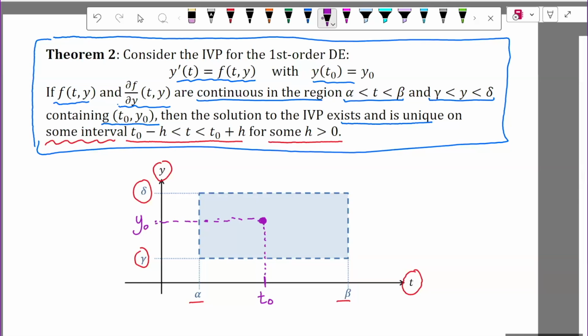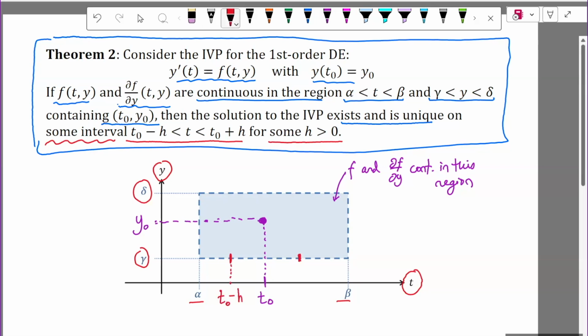What the theorem tells us is as long as f and its first partial are continuous on this entire rectangle, then we know a solution is going to exist in some sub-region. So somewhere surrounding t naught, where this is t naught minus h, t naught plus h, somewhere in here, we know that a solution is guaranteed to exist. But what it doesn't tell us is what that mysterious h is.